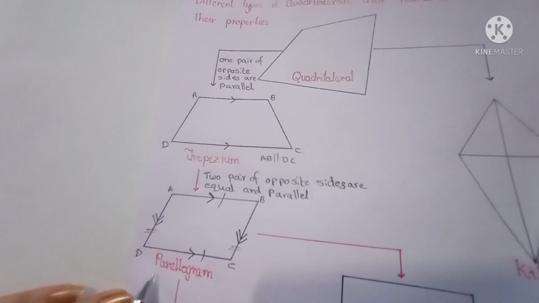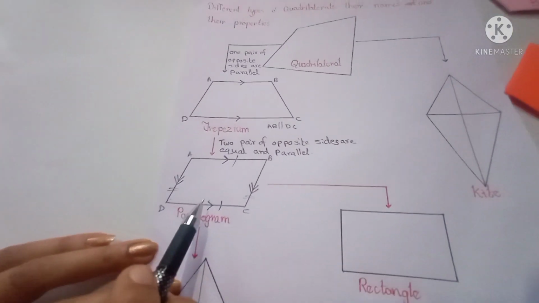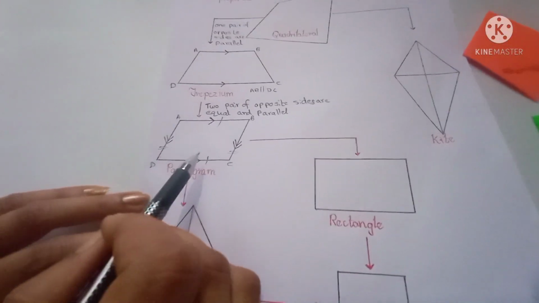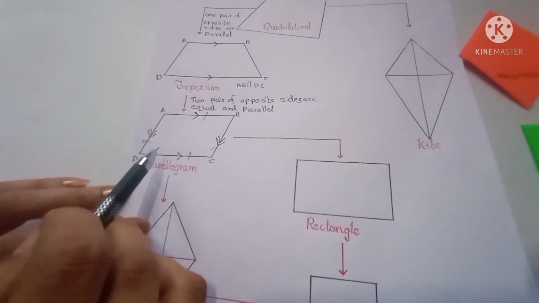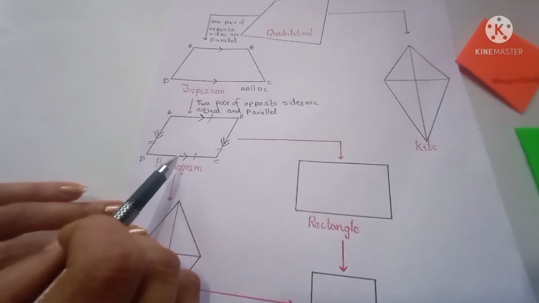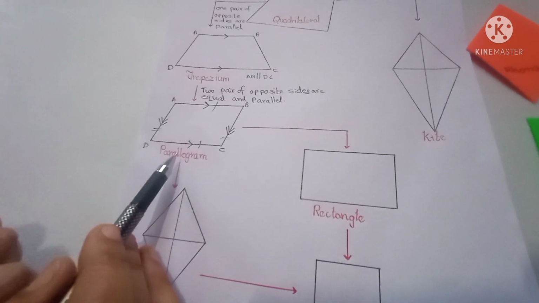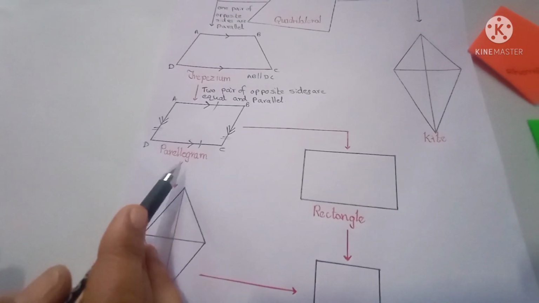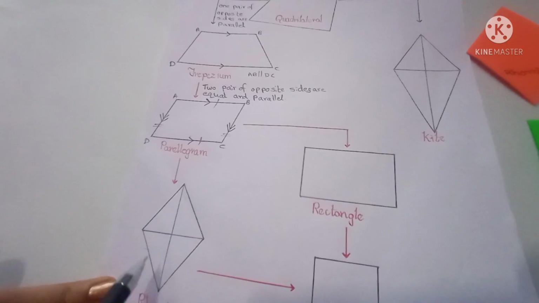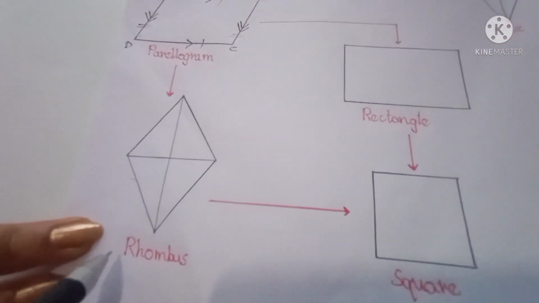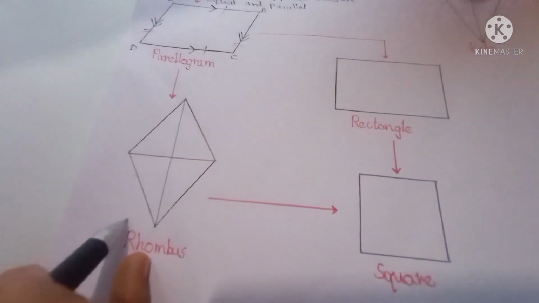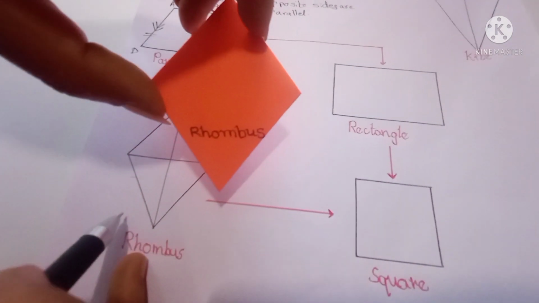Then they call it a parallelogram. In this parallelogram, let's see a special case of a parallelogram, which is the rhombus.